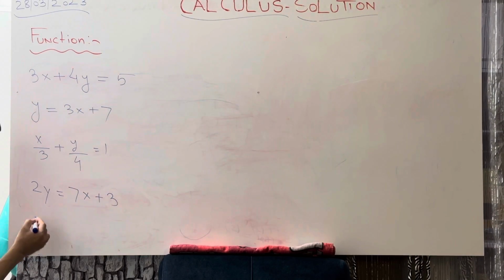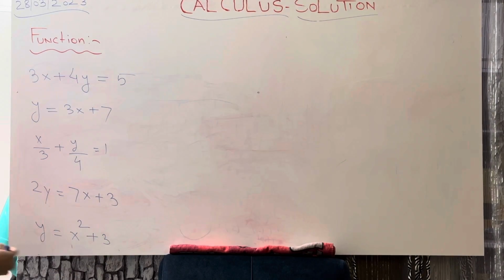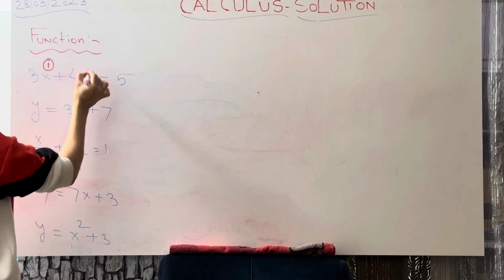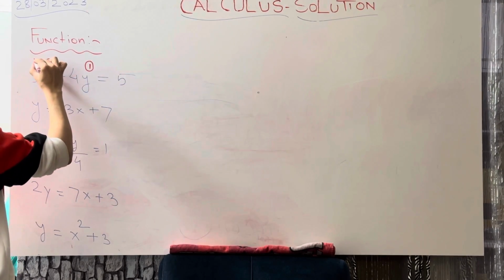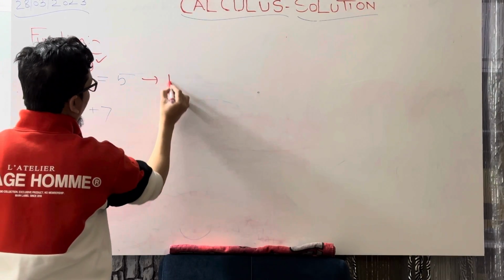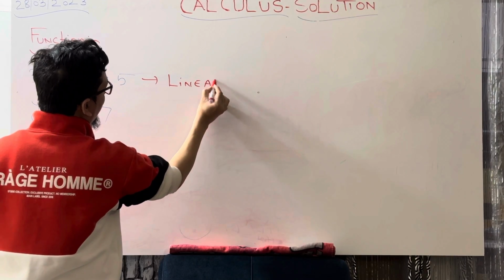Okay, and I have one more equation, y is equal to x square plus 3. So as you can say here, what is the power? What is the exponent here? 1. What about y? 1. So when you see x has one exponent, y has a one exponent, you can say this is a linear function.